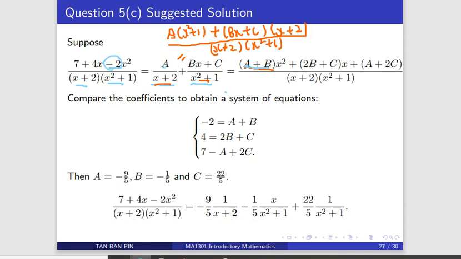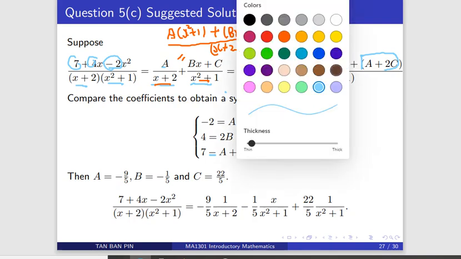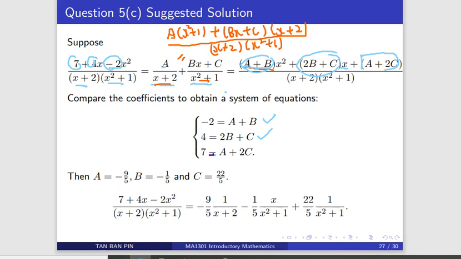If you equate the x term, 2B plus C will be 4. Equate the constant term, you get 7, so 7 is equal to A plus 2C.